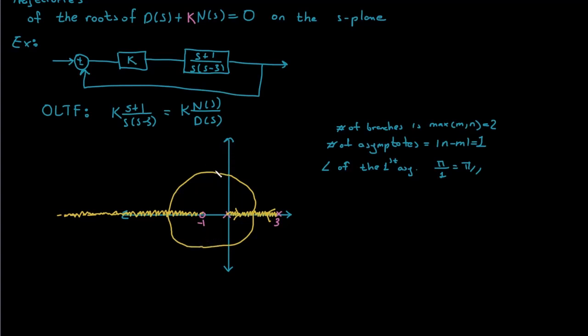Once they move towards each other, they will meet here at the break-in point, and one of them will move towards infinity following the asymptote, the other one will go to the 0 over there.